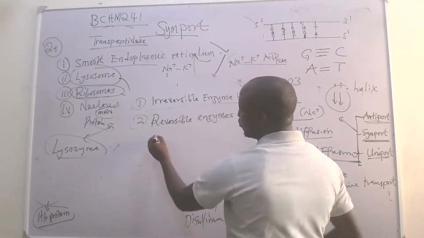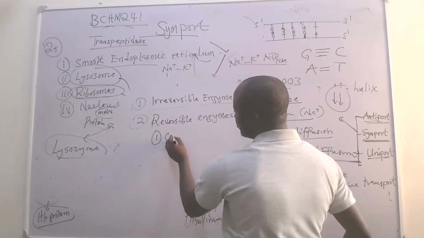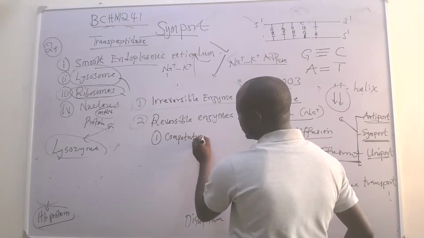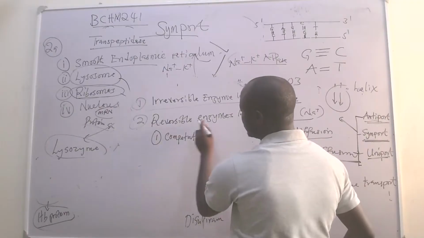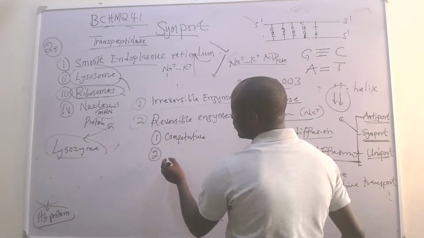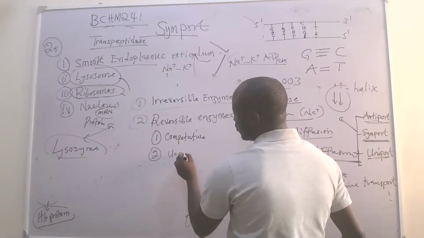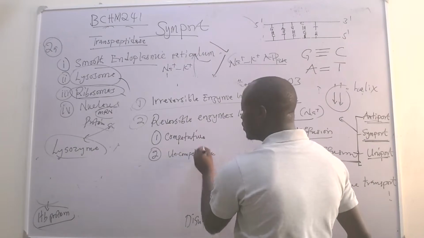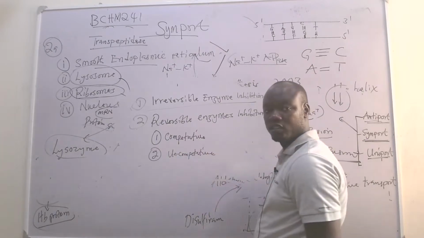Number one, we have competitive reversible inhibition. Number two, we have uncompetitive enzyme inhibition.